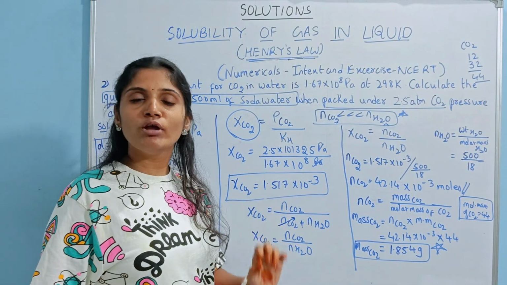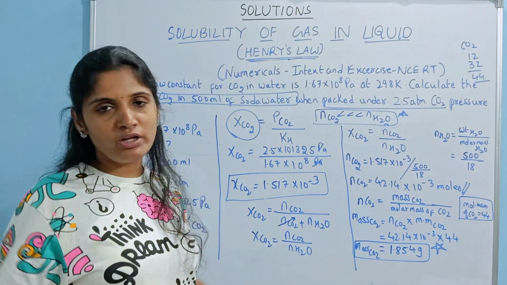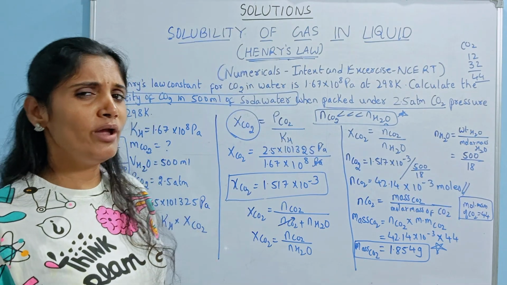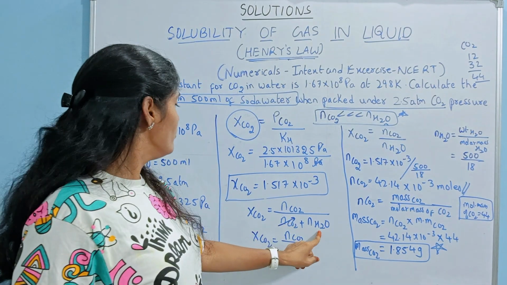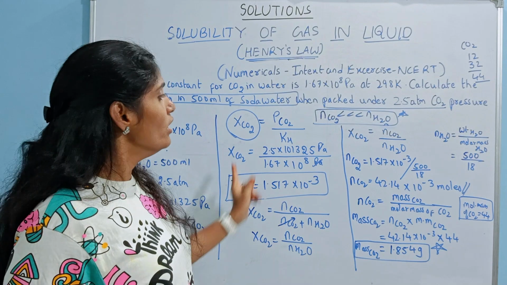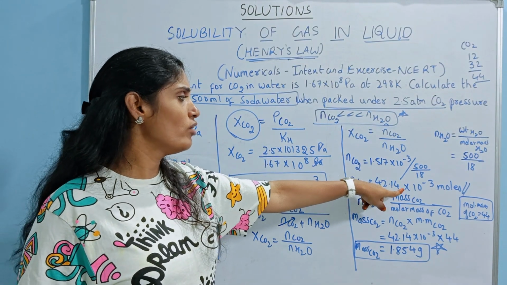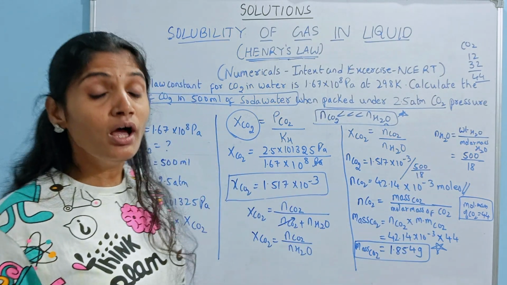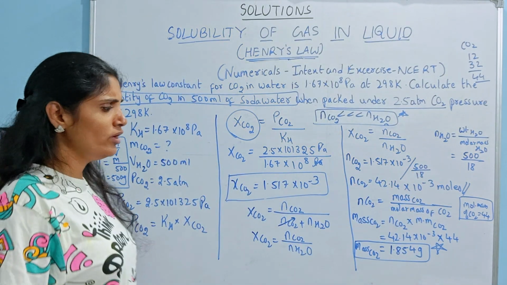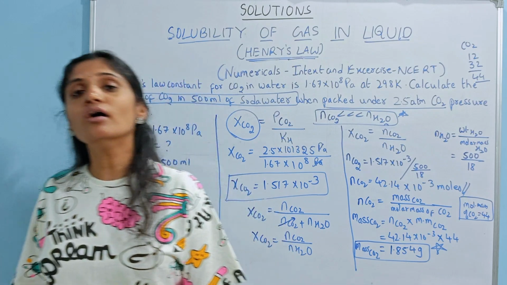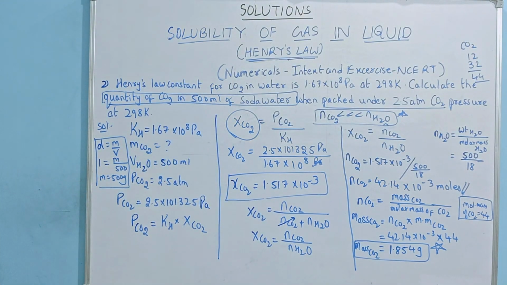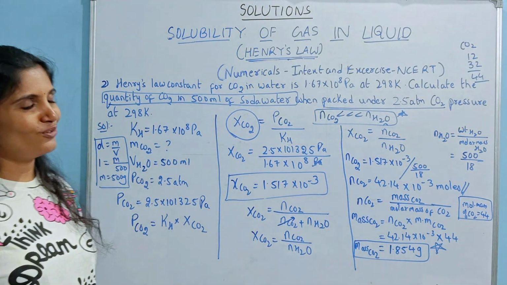In the denominator, I have ignored the number of moles of CO2 because it's a very small term and will not make much difference to my answer. When I solved it, I got 42.14 into 10 to the power of minus 3 moles. Now when I got the number of moles of CO2, it was very easy to find the mass of carbon dioxide present in 500 ml of soda water.